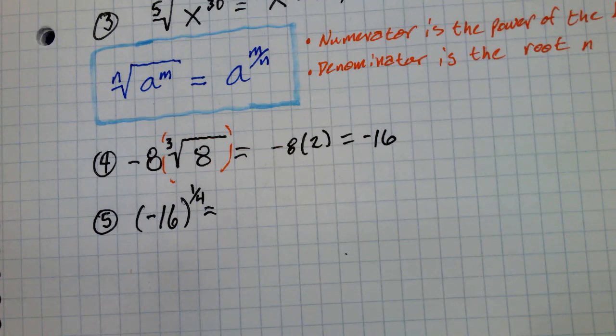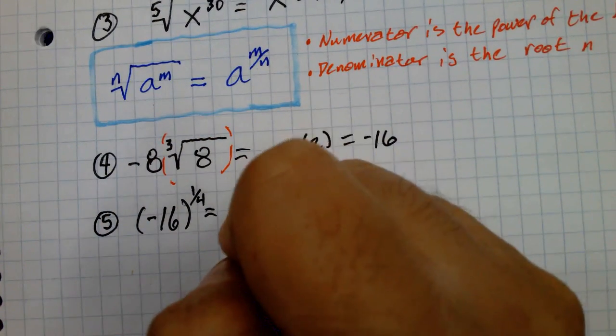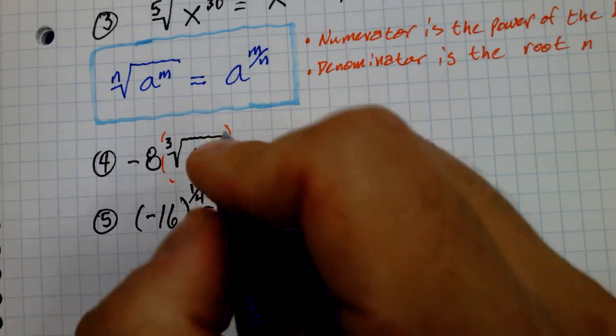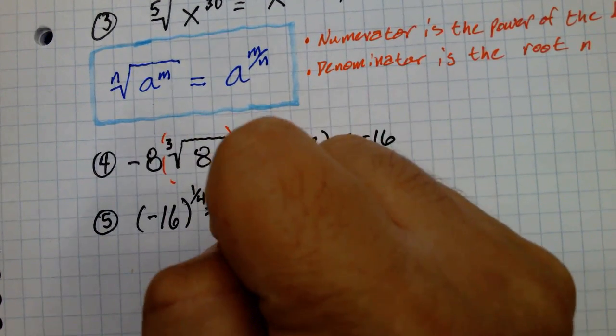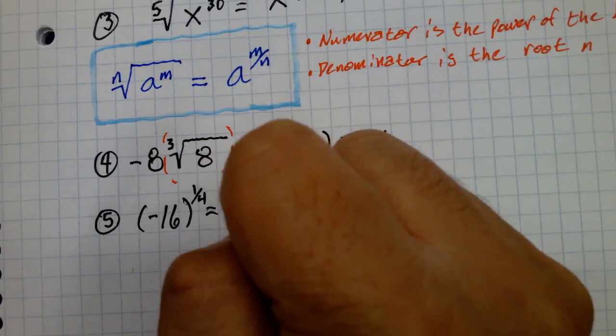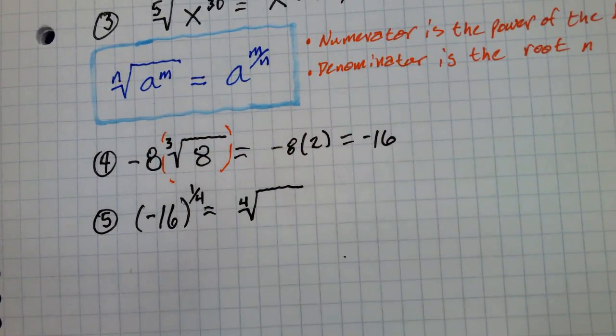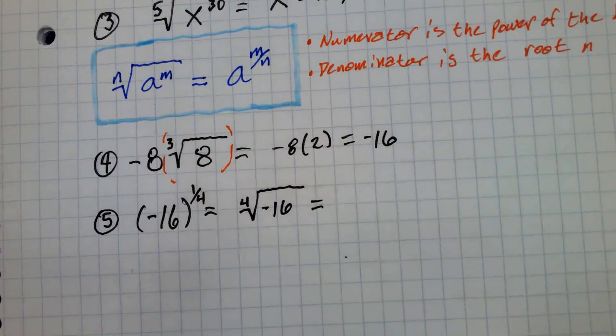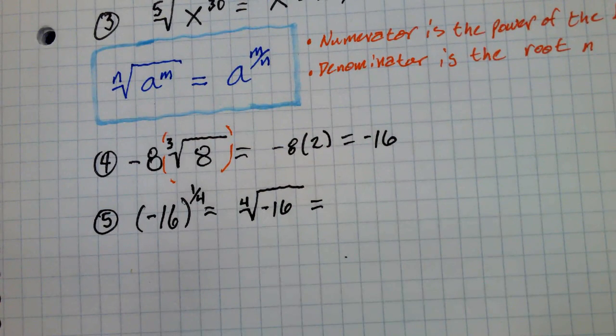It may help if we rewrite it with a radical. So if I'm using the radical, 4 is the index. And what number goes in here? So we're looking for some number that multiplied 4 times would give you -16.